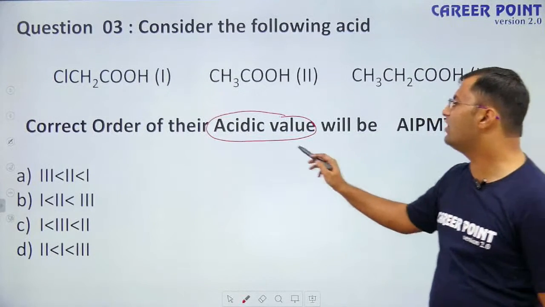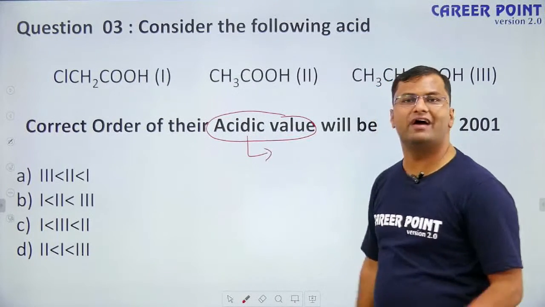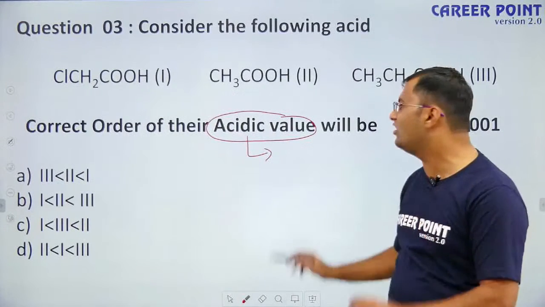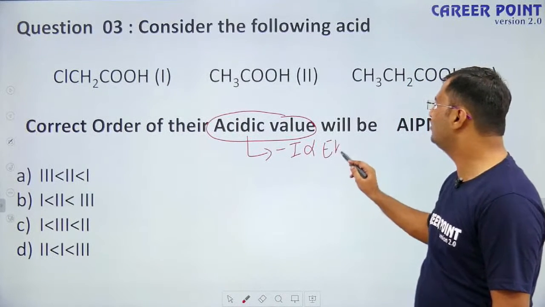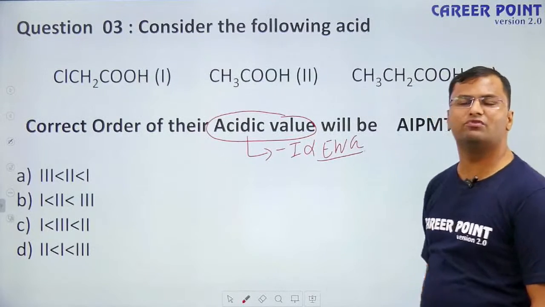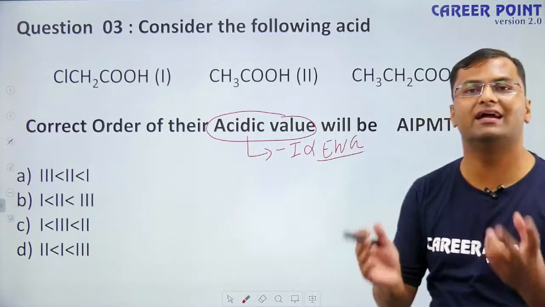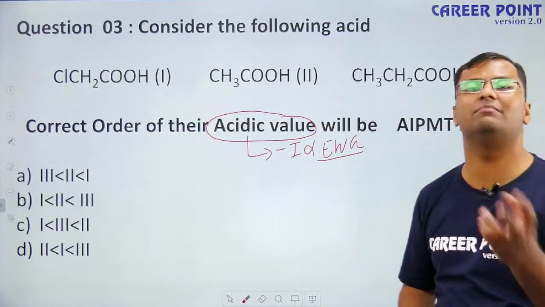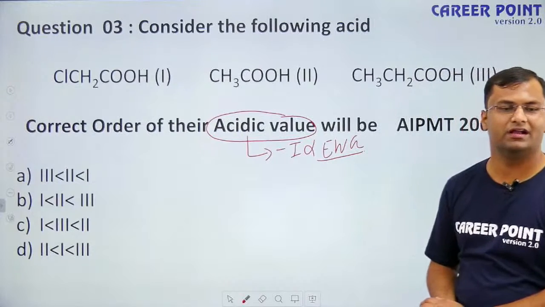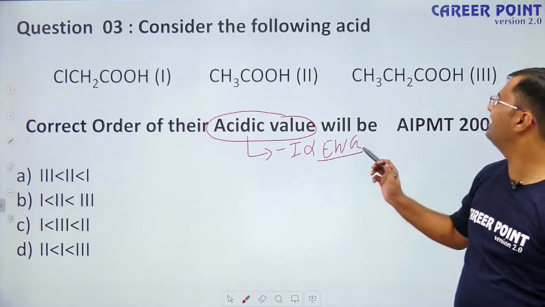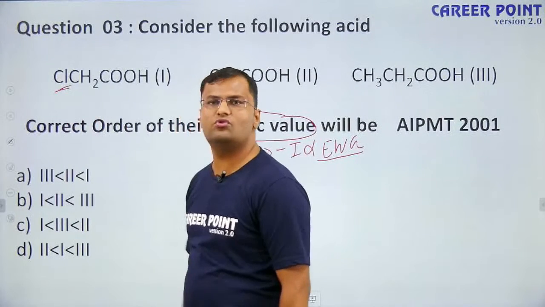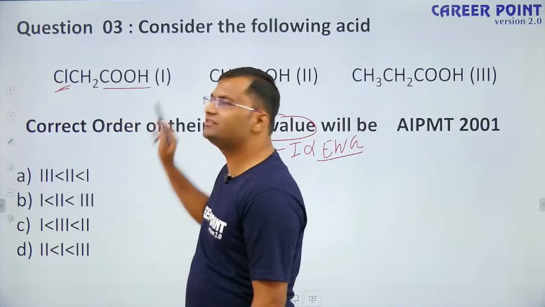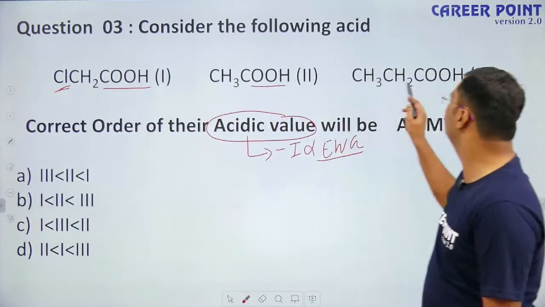Okay, so now you already remember that whenever you have to find acidic strength, you have to find the minus I effect, or we can say the electron withdrawing group. Higher the electron withdrawing capacity, higher will be the acidic strength. Clear? Now we can say that this is COOH, this is COOH, this is COOH.